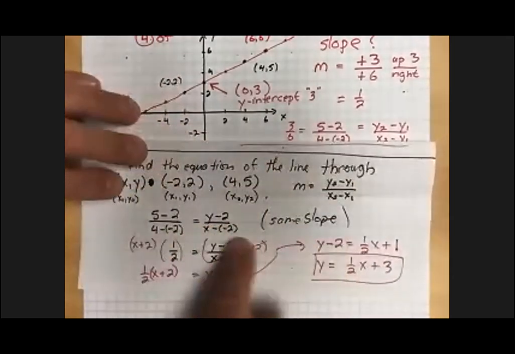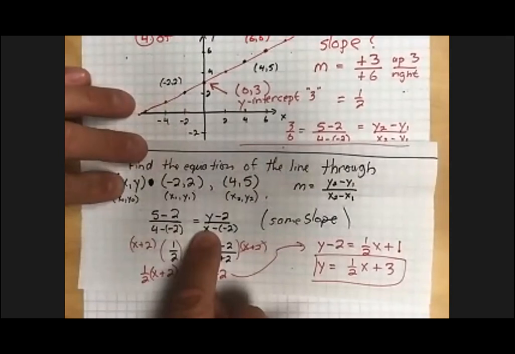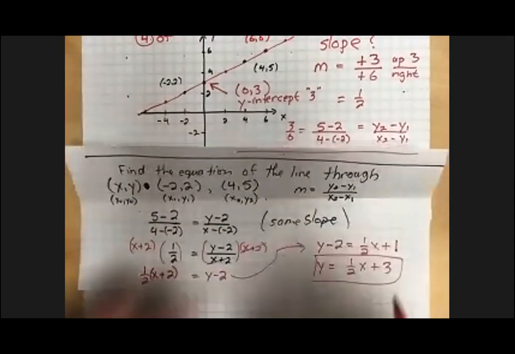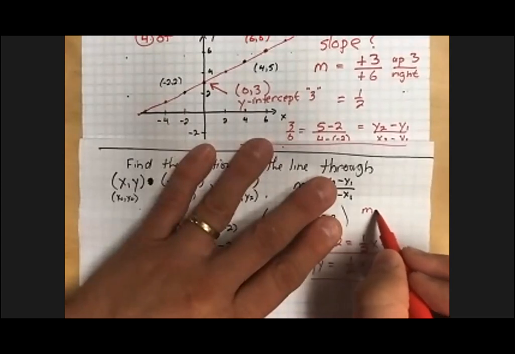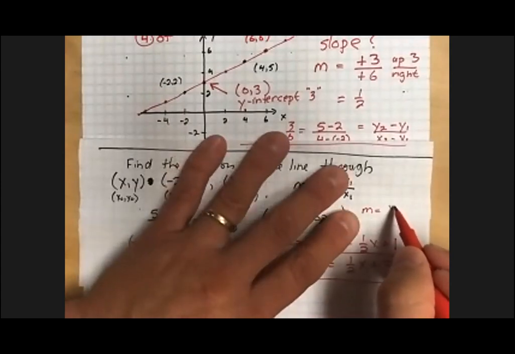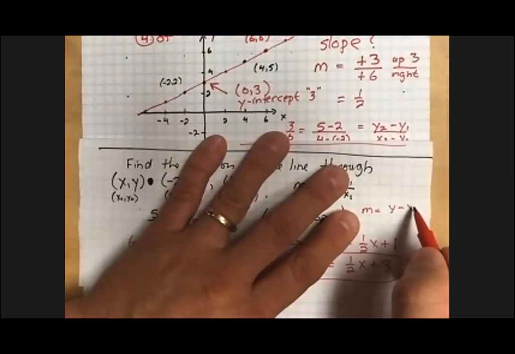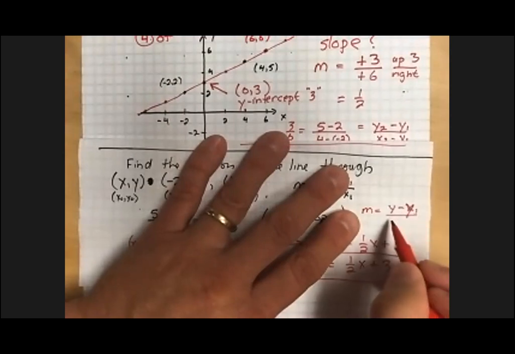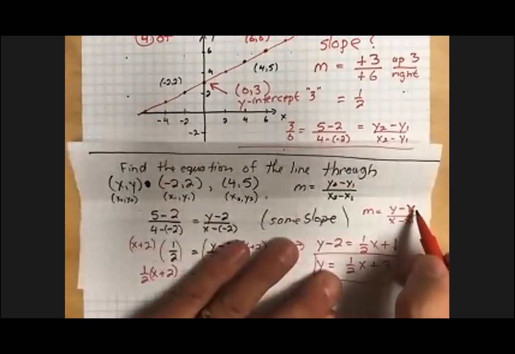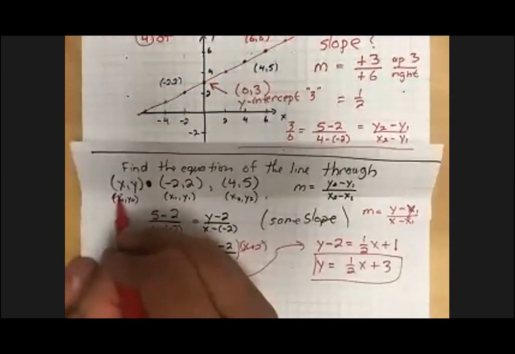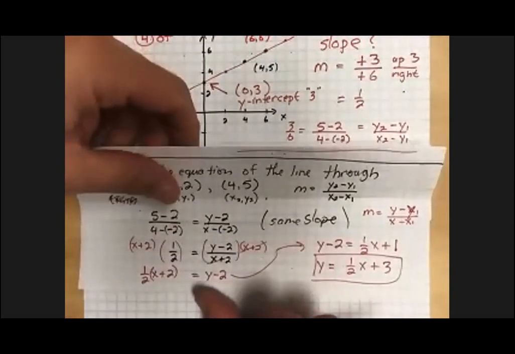Now this ratio thing is hard to express, but what I'm really saying is that the slope is equal to y minus y1 over x minus x1, where (x1, y1) is a point on the line. And I can call this point anything I like, x1, y1, x naught, y naught.